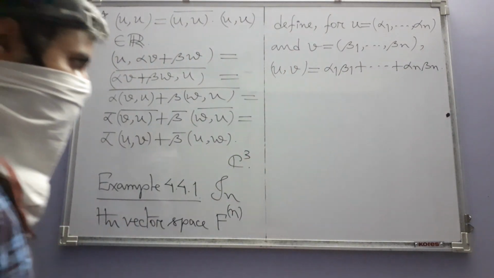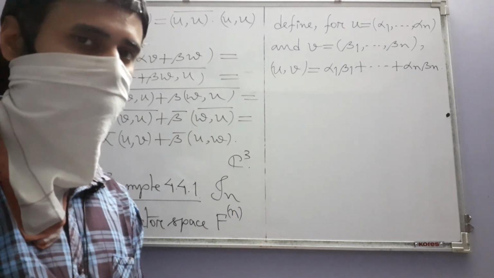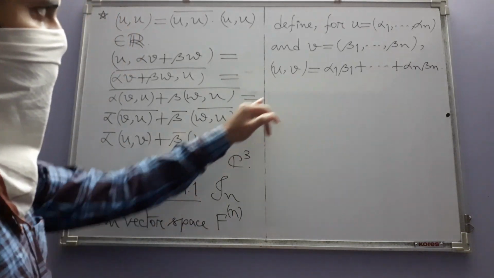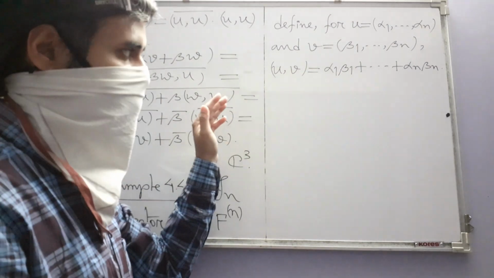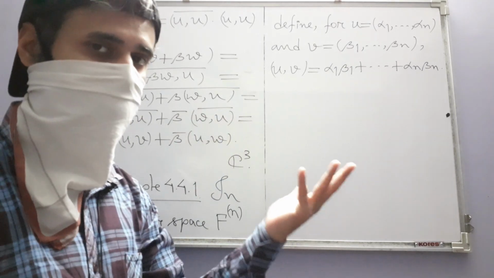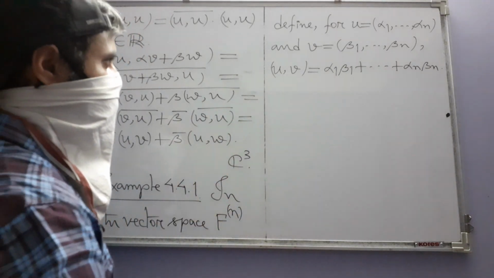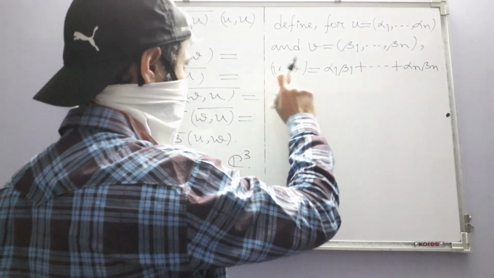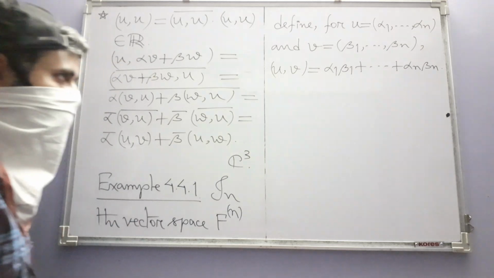Okay, now say you want to prove that this is an inner product, then what do you have to do? First of all, definitely this is a function that has the structure of an inner product, because it takes two vector inputs and it gives out one output.